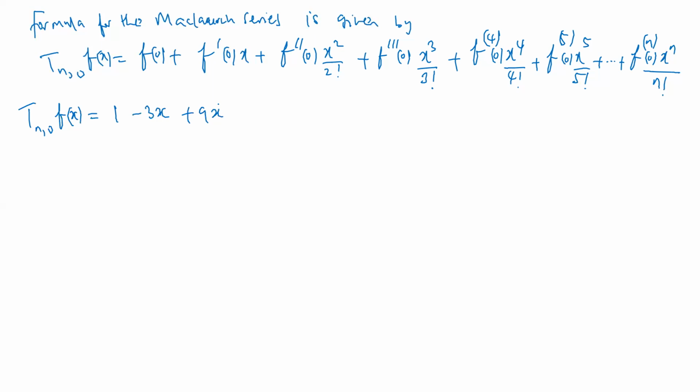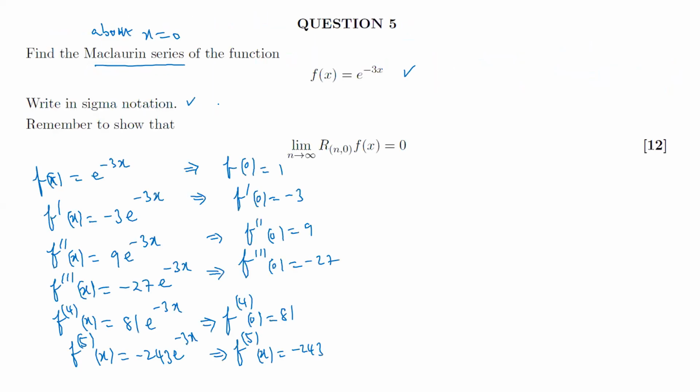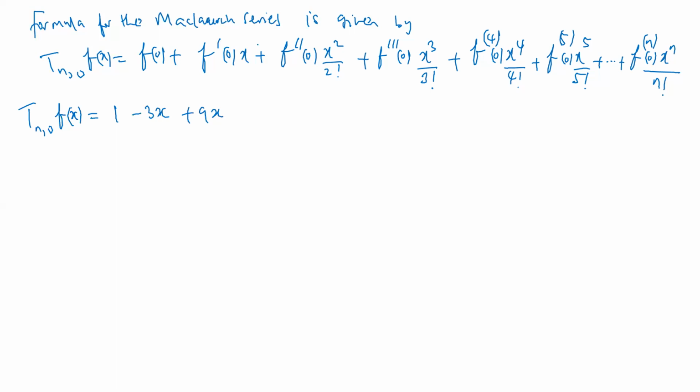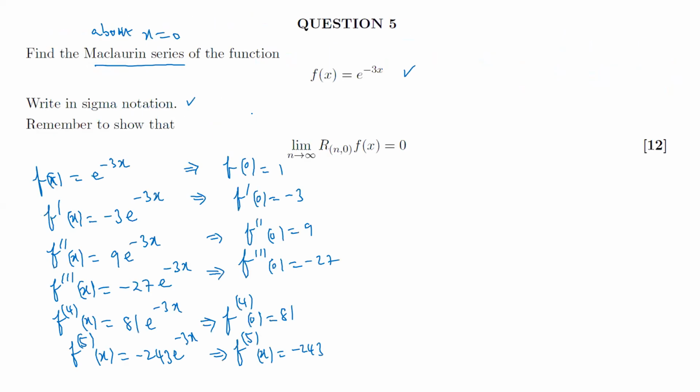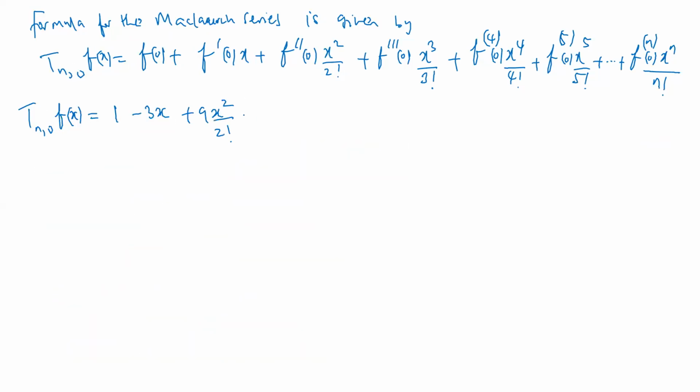Yes, f double primed is 9, but it's x squared over 2 factorial. What is f triple primed? Minus 27.